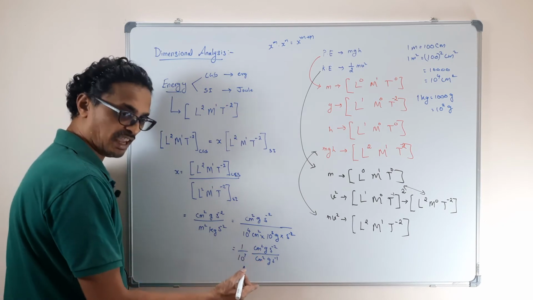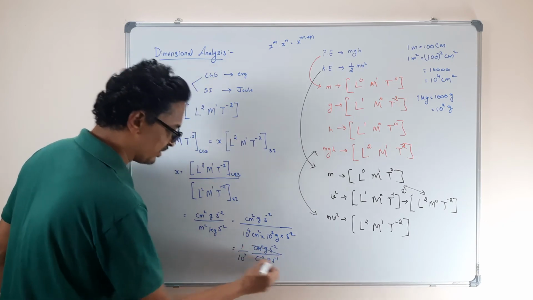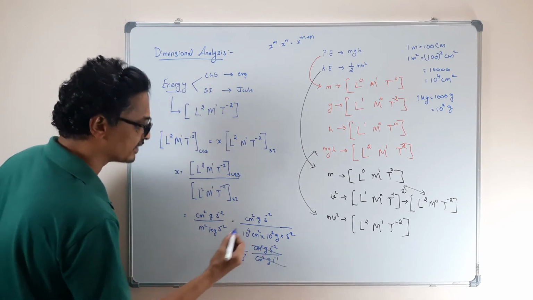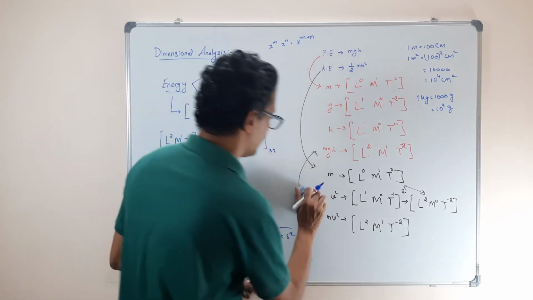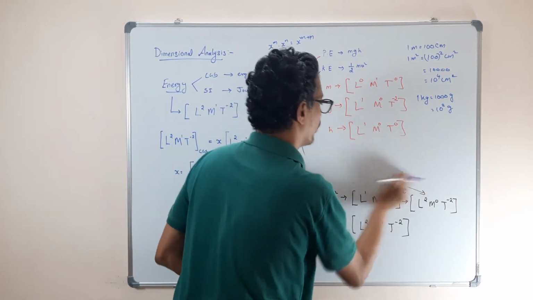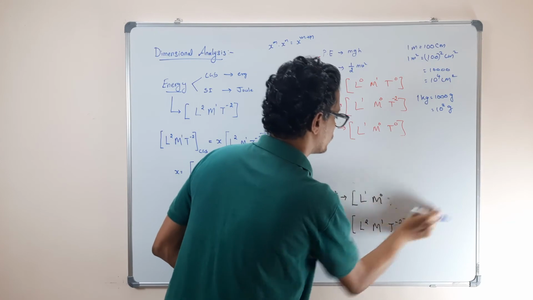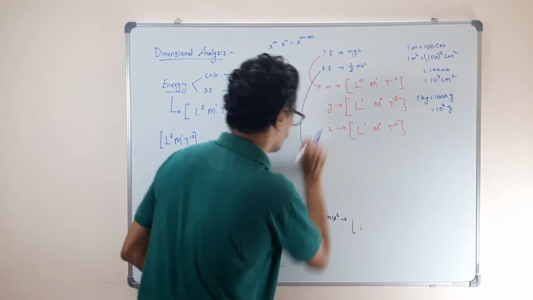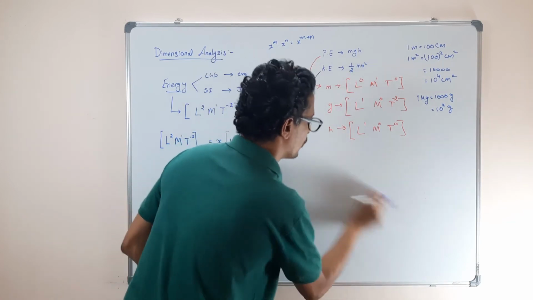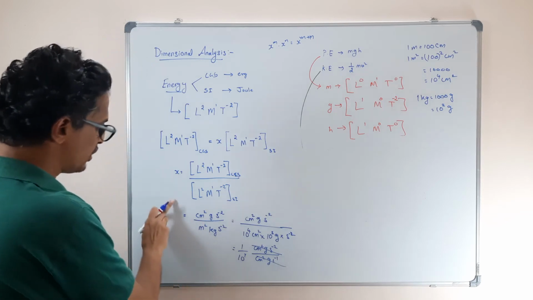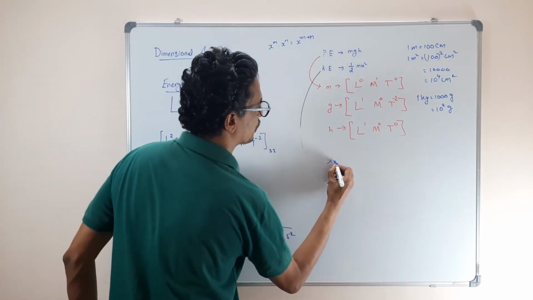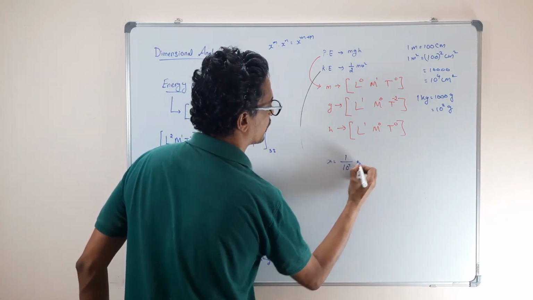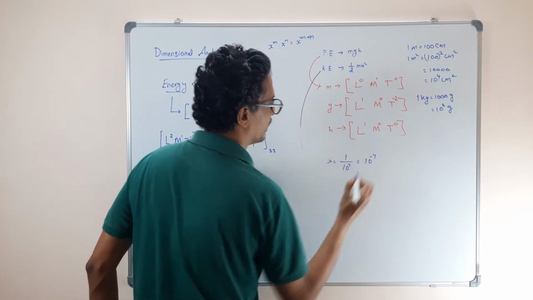They both are same. So you can actually, it goes off. So your x is equal to 1 upon 10 to the power of 7, or that is equal to 10 to the power of minus 7.